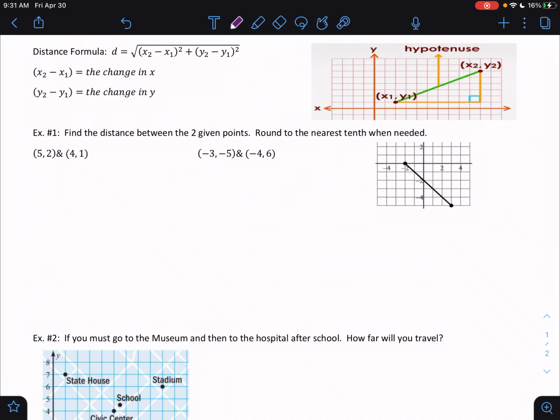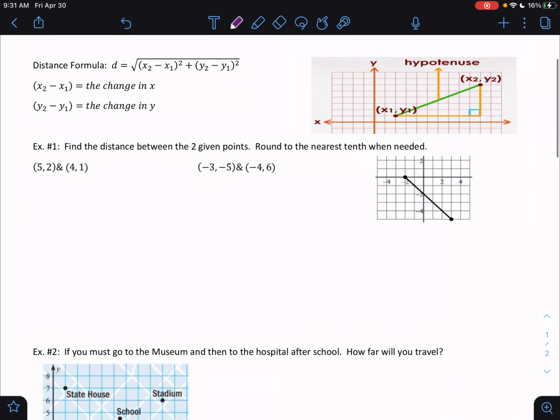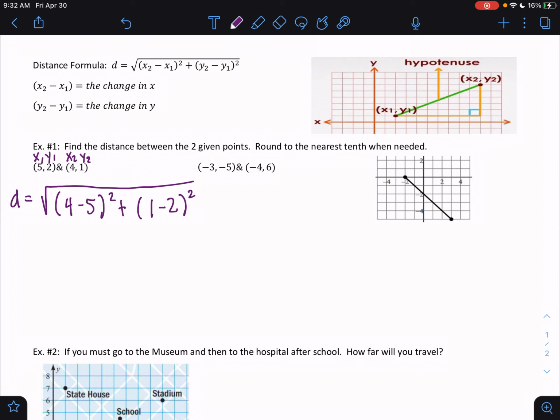Okay, so let's look here. Let's try this first example, and we're just going to use the formula for this one. So distance equals square root. I'll make that pretty big. You have a lot to write underneath it. And if you need to, you can label these as like x1, y1, x2, y2. So you know which ones to write in. So we're going to have 4 minus 5 squared plus 1 minus 2 squared.